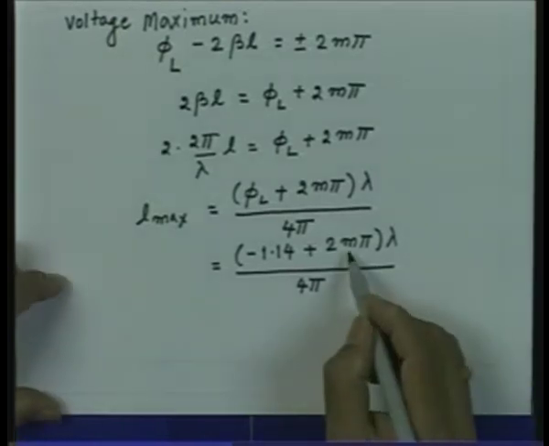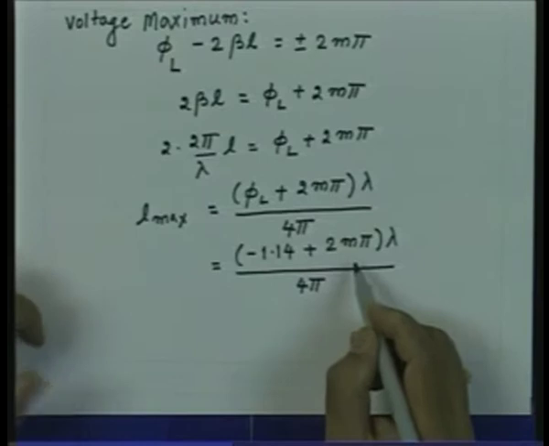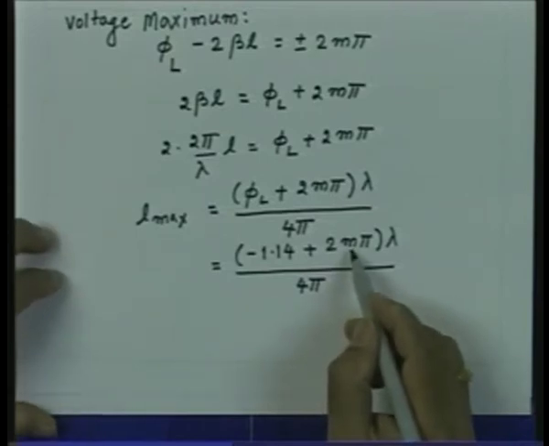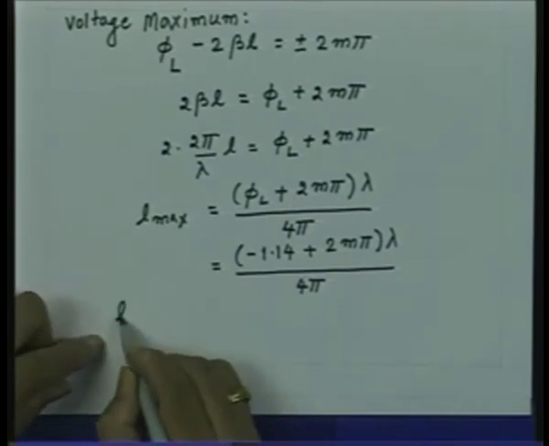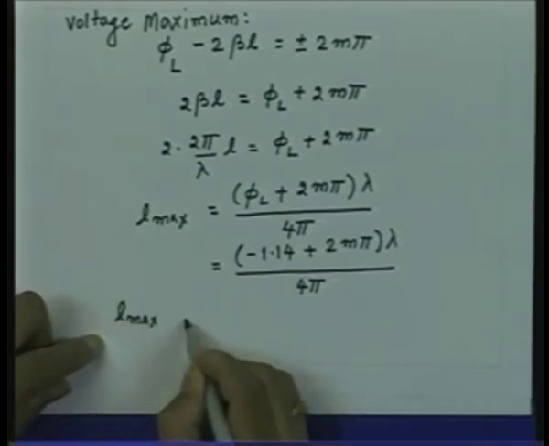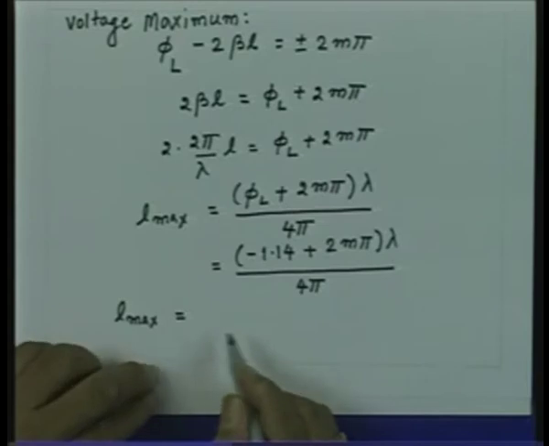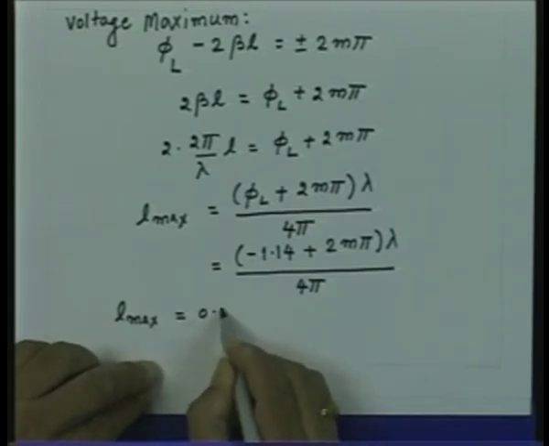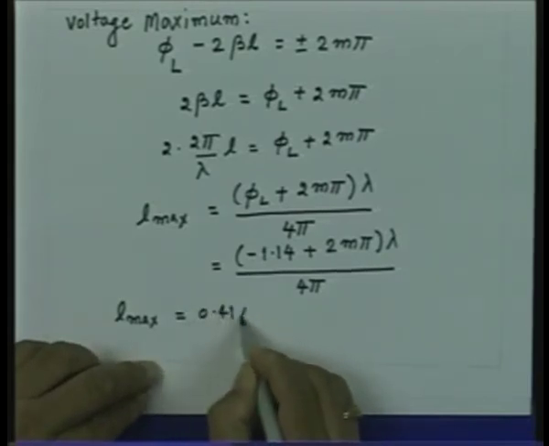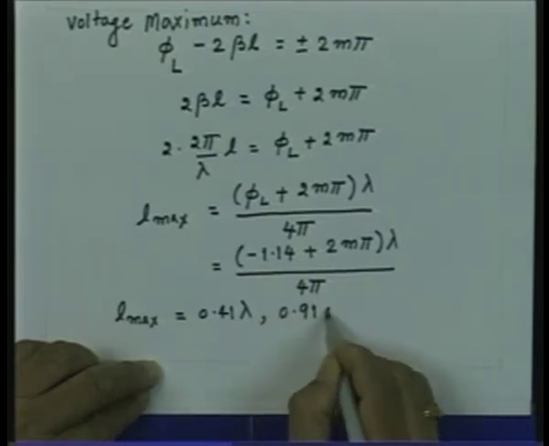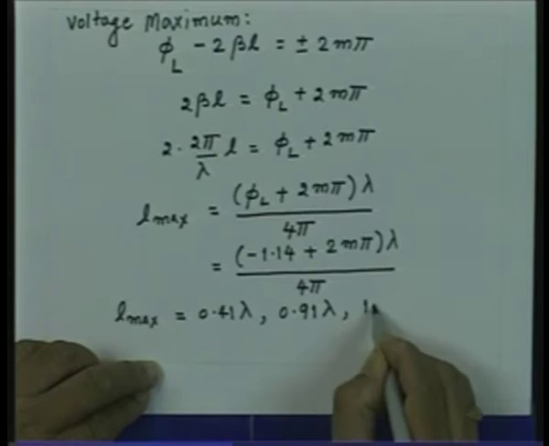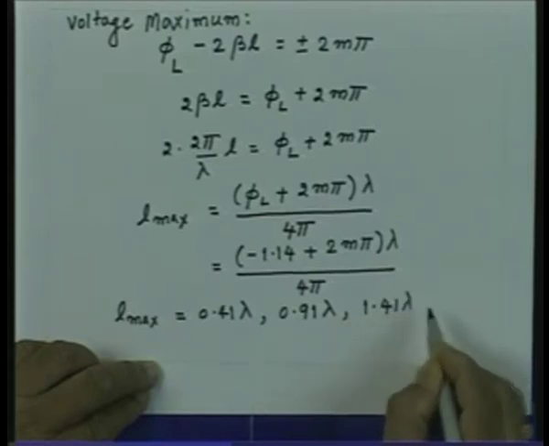Now, substituting different values for m, you put m equal to 1, m equal to 2 and so on, you get the L max, or the location where the voltage is going to be maximum, that is 0.41 lambda, 0.91 lambda, 1.41 lambda and so on.